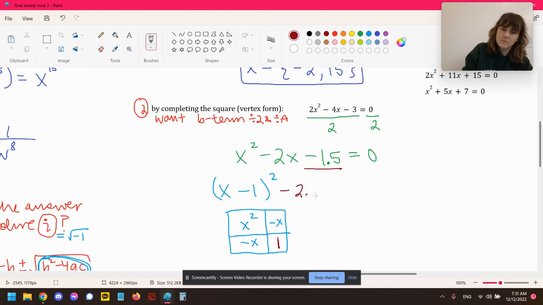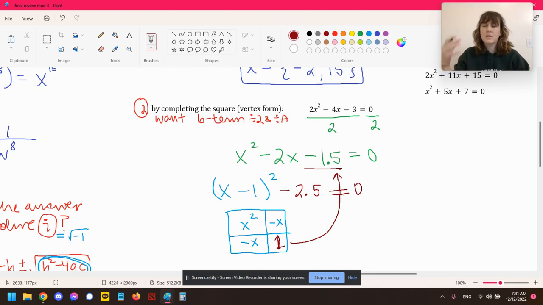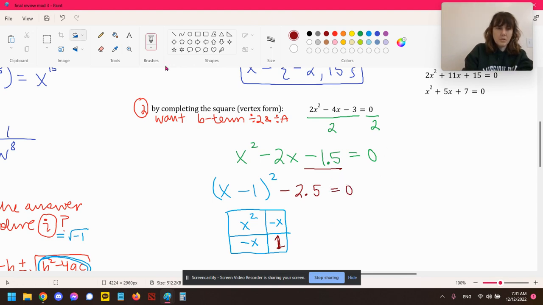So I would say to get from my ideal to what I actually want, I would subtract by negative 2.5. Go down negative 2.5. Or go down 2.5. So now my equation looks like this.